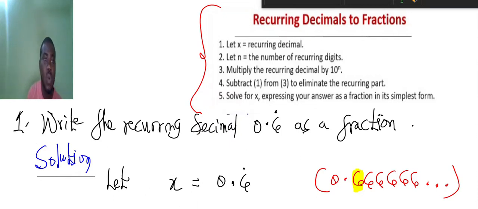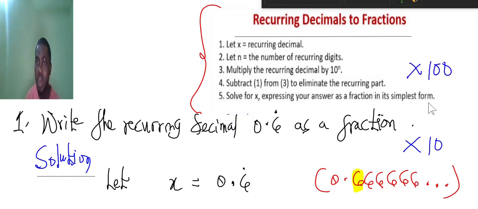Now, if there's only one recurring digit, we will multiply by 10. If there are two recurring digits, we will multiply by 100. If there are three recurring digits, we will multiply by 1000. Notice, one recurring digit, 10. Two recurring digits, multiply by 100, that's two zeros.